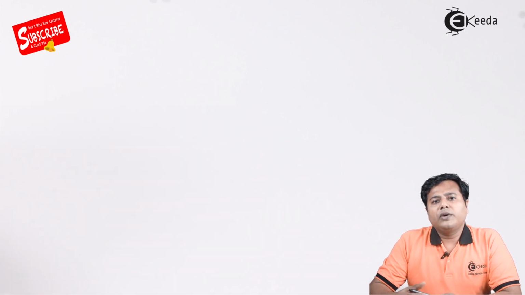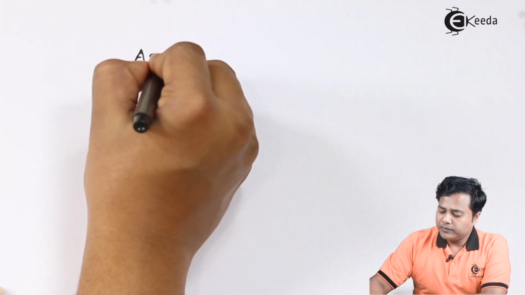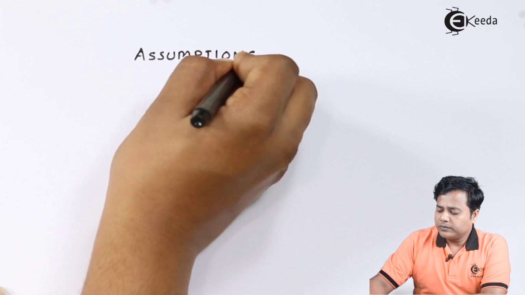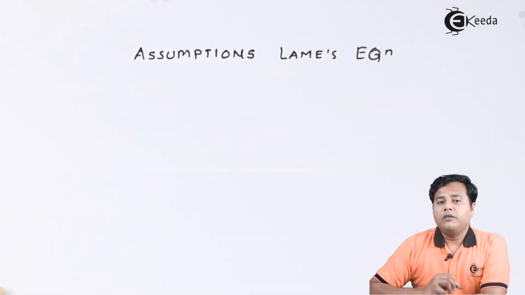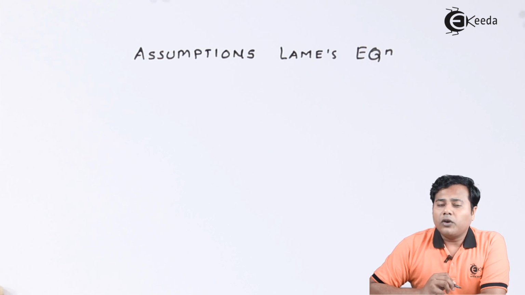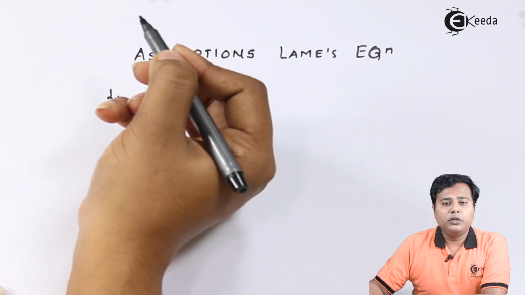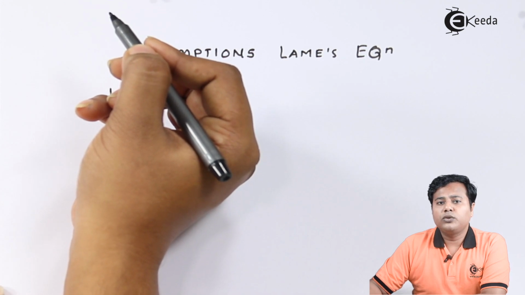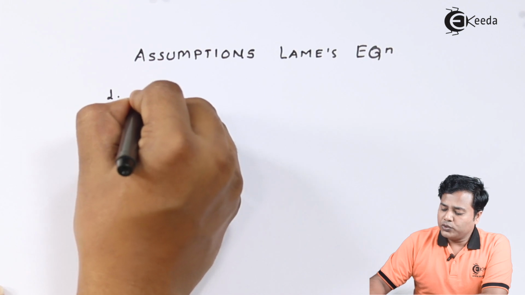In the beginning, we will look at the assumptions that are made for this equation's derivation. So the assumptions in Lamy's equation. Very first assumption, which is common for almost all the theorems, that is the material homogeneity. So your material of the thick cylinder should be homogeneous throughout its length, throughout its radius and throughout its thickness.